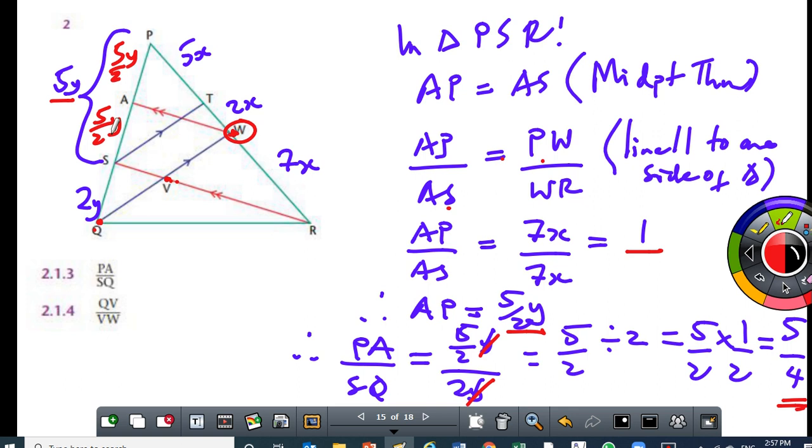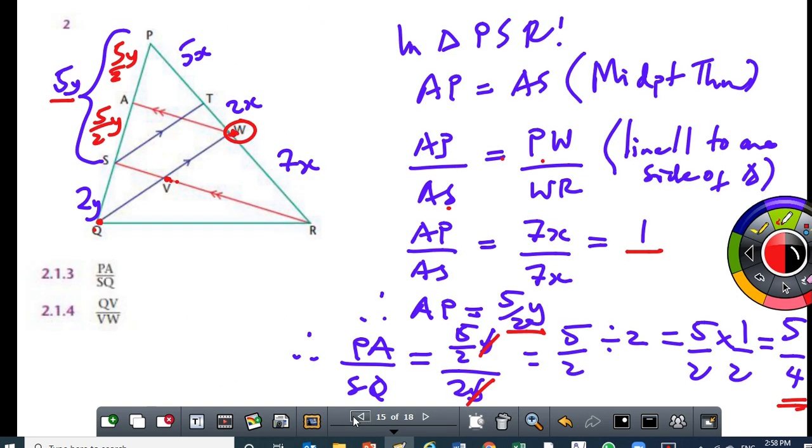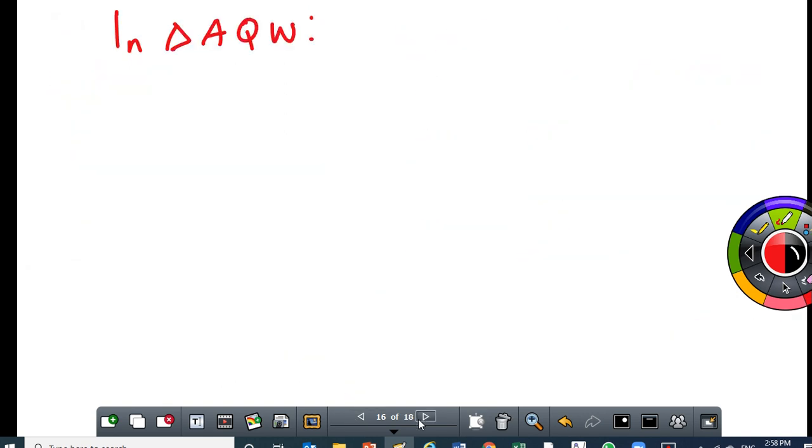So my next solution here for QV over VW, I'll do it on the next page. It's gonna be in triangle AQW. So I'll say here in triangle AQW, that's 2.1.4.